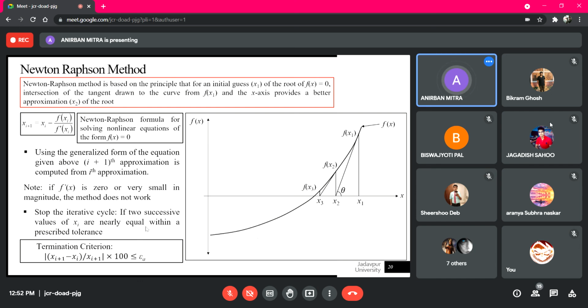Current approximation xi plus 1 minus the previous approximation xi gives you the error. The relative error is obtained by dividing the error by xi plus 1, that is the current approximation. You convert it to percentage and then compare it against the epsilon a value, which is the pre-specified error limit.